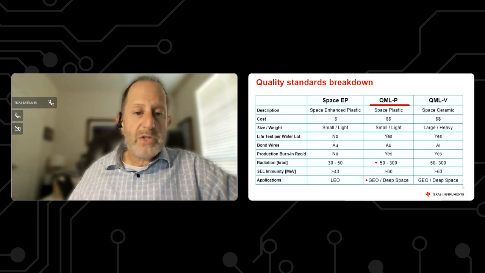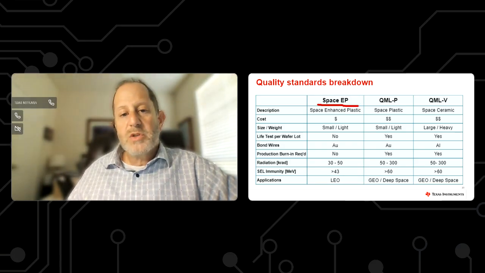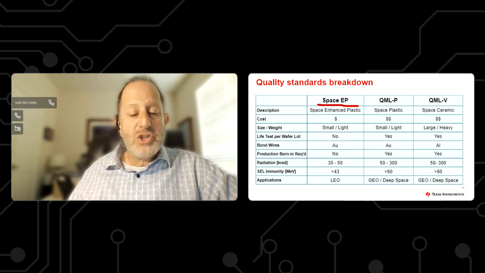And then another standard that we call the Space EP. So the Space EP is space grade, that is space enhanced plastic. So still in plastic packaging, but these have slightly reduced radiation standards.